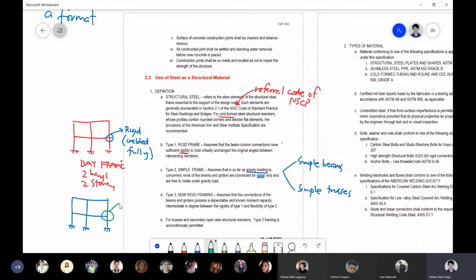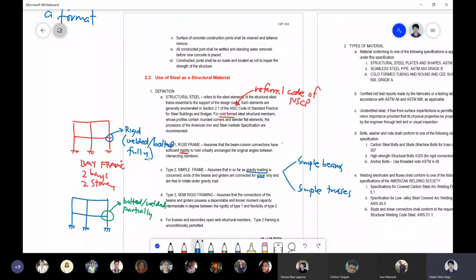So maybe these are just made of bolts or bolted, partially welded, or it can be bolted or welded partially, while rigid frames are welded and bolted fully.